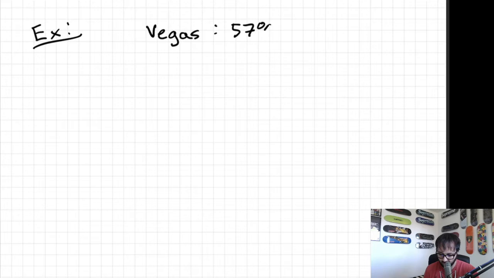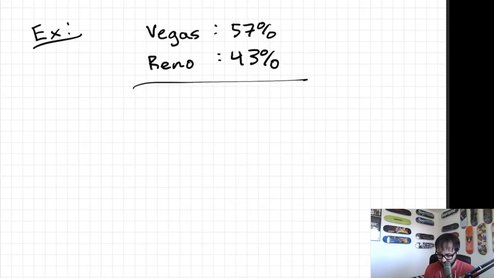So say we have today Vegas is favored to win at like a 57%, and then Reno is favored to win at a 43%. And you just need your program today to output this data that you're entering in.